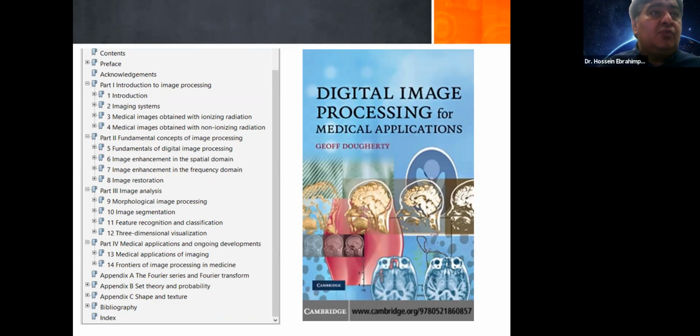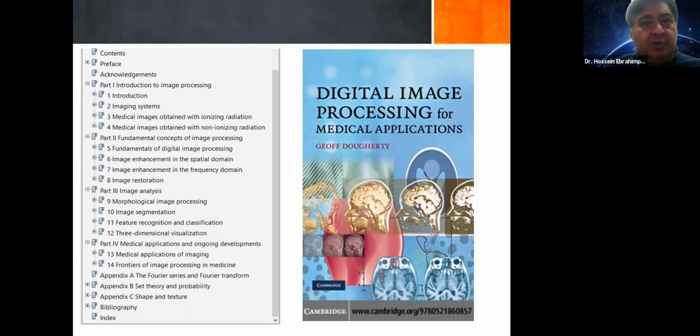Part 1 is Introduction to Image Processing. Part 2 is the fundamental concepts of image processing. Part 3, image analysis. And part 4, medical applications and ongoing development. This book is mostly about image processing.